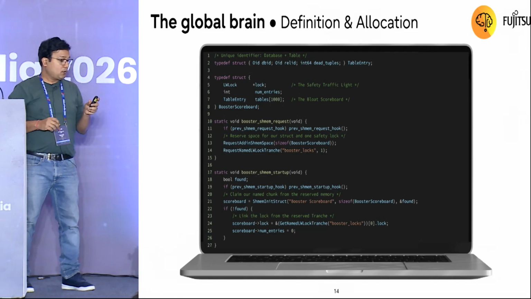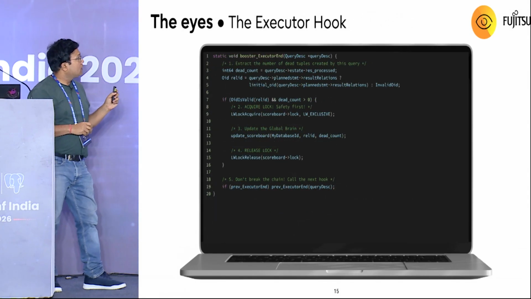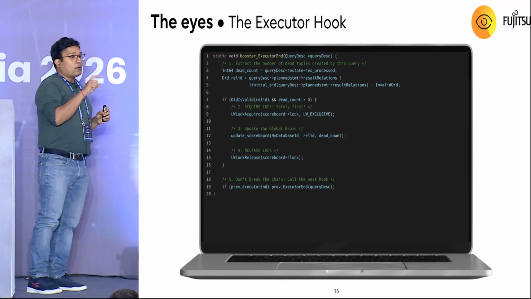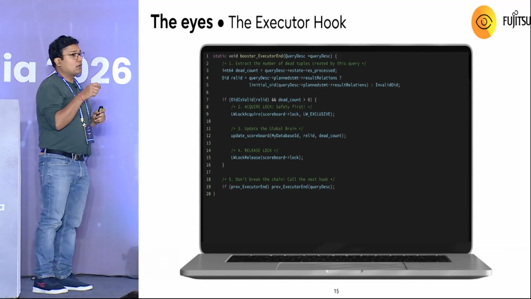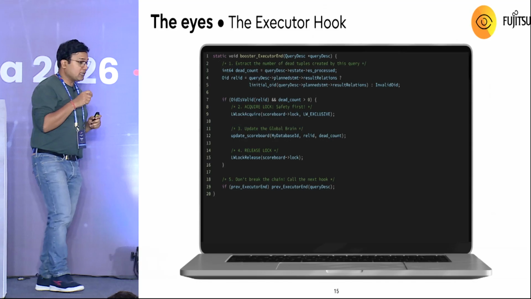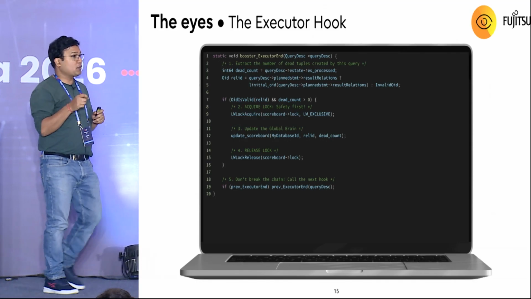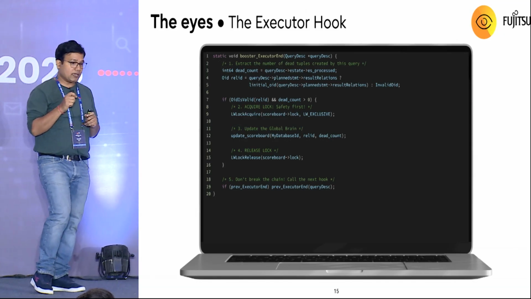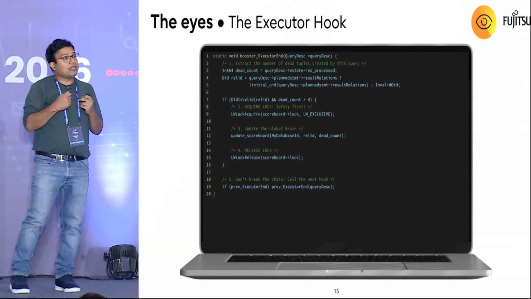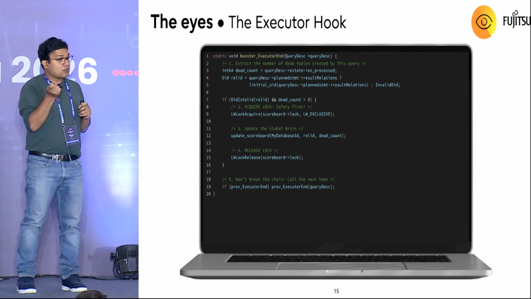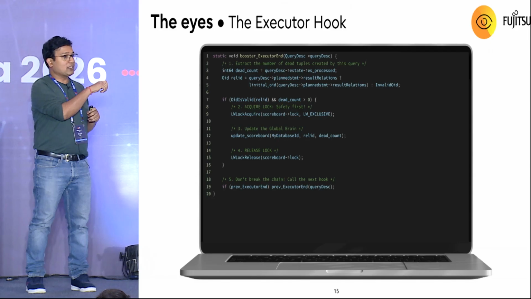Okay. Now, if you remember, one of the things I wanted to hook is the executor subsystem flow. In the executor flow, I want to see every query that gets executed by the executor, and I want to inspect these queries. So I am hooking into the executor flow.